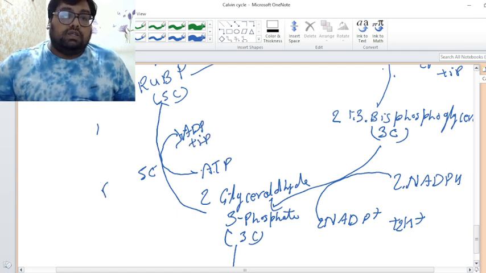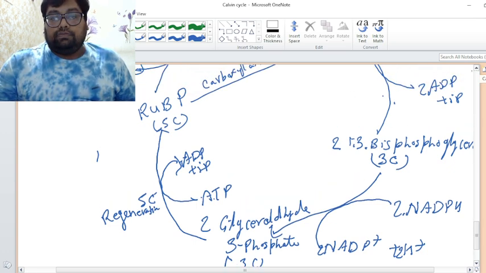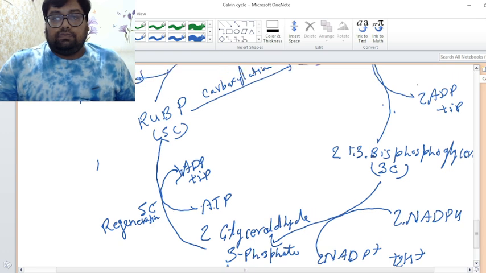This is the regeneration, and the earlier step is the reduction phase.